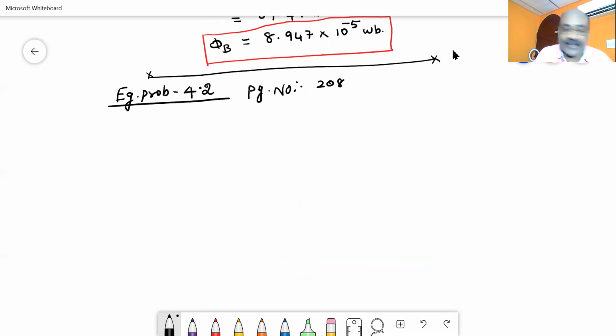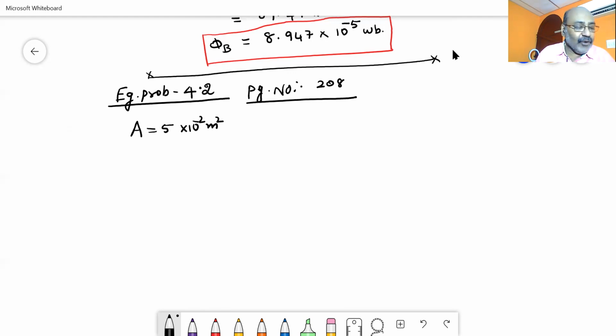Let us go with this. A circular loop of area 5 into 10 power minus 2 meters square. So the area considered is 5 into 10 power minus 2 meters square.